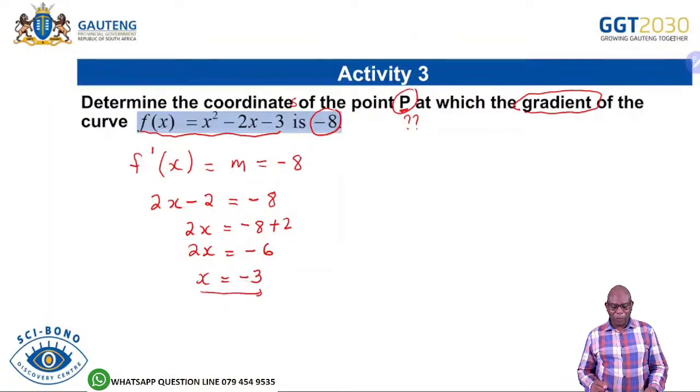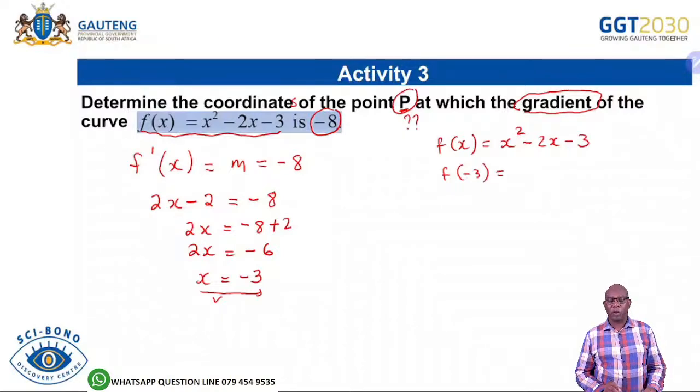So for me to get the value of y, I need to substitute. I've got f of x is equal to x squared minus 2x minus 3. Now I already know my x value, so I can just say f of negative 3 is equal to, then I substitute, negative 3 squared minus 2 into negative 3, minus 3.